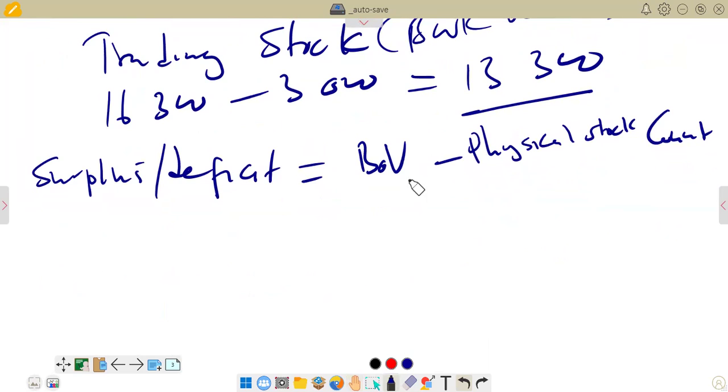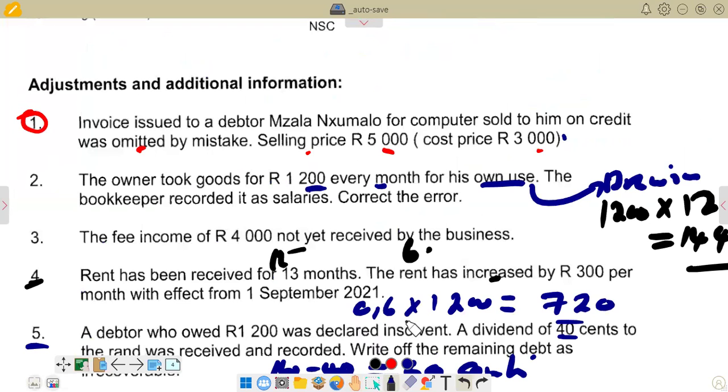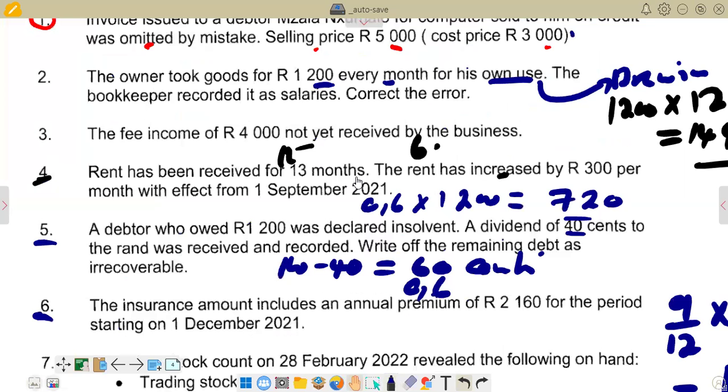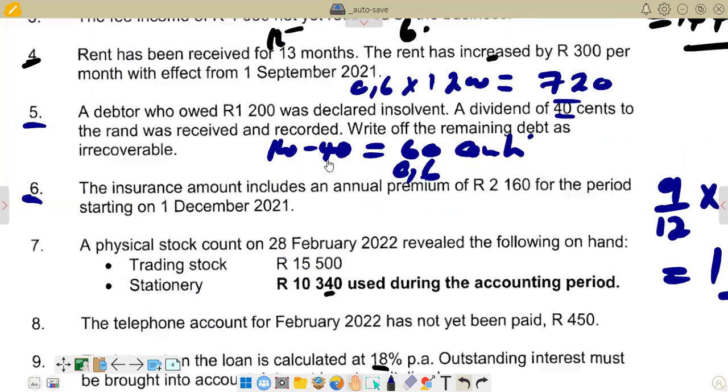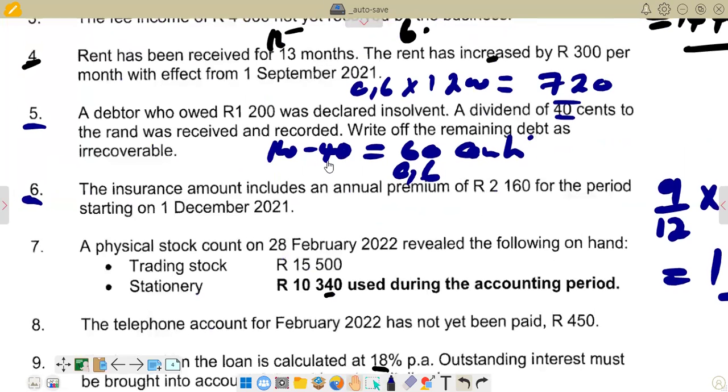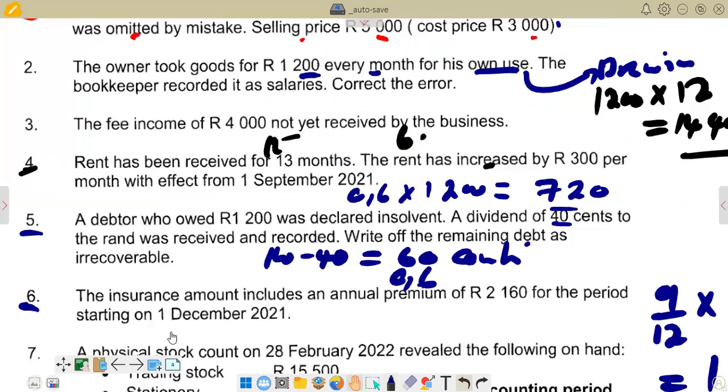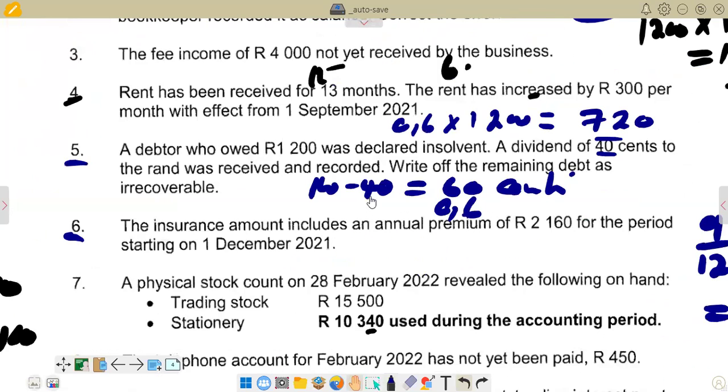After entering this, the book value we already have is 13,300. Then for the physical stock count, we go there to check what's the figure that we have. We see that we are given it as 15,500. See it? So we are just going to put it as it is, 15,500.